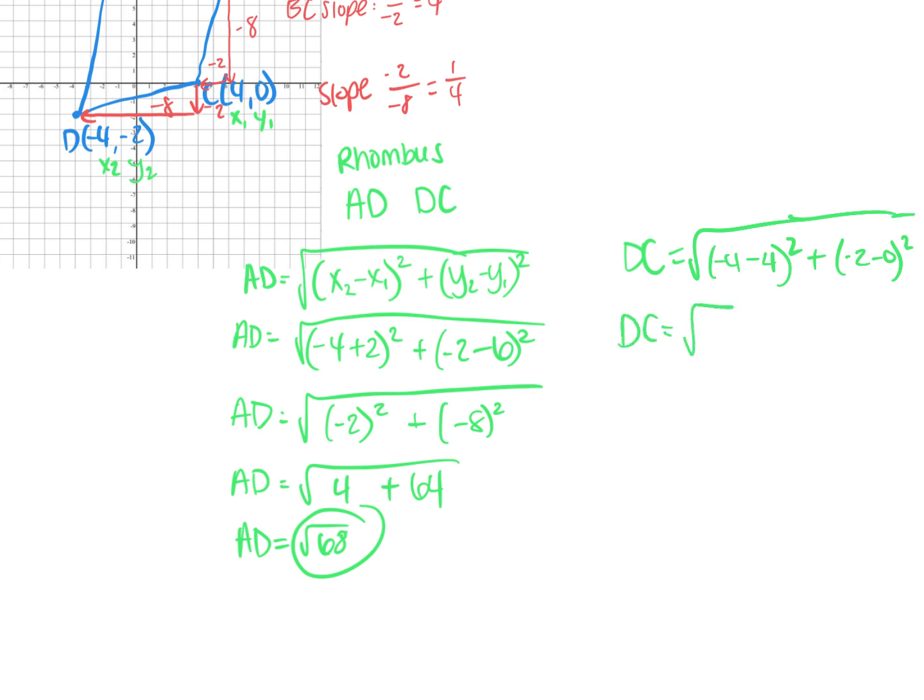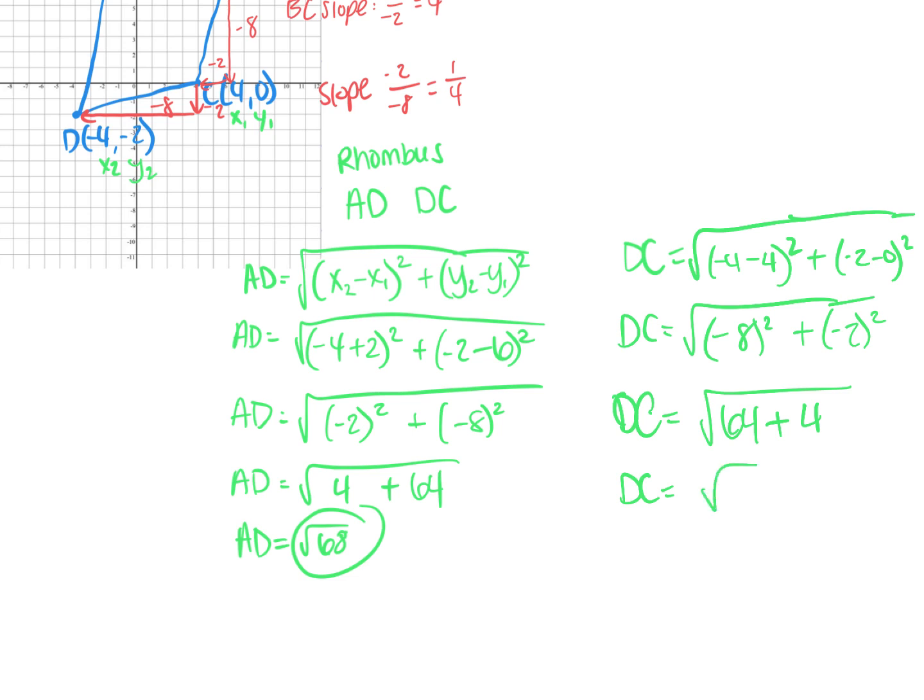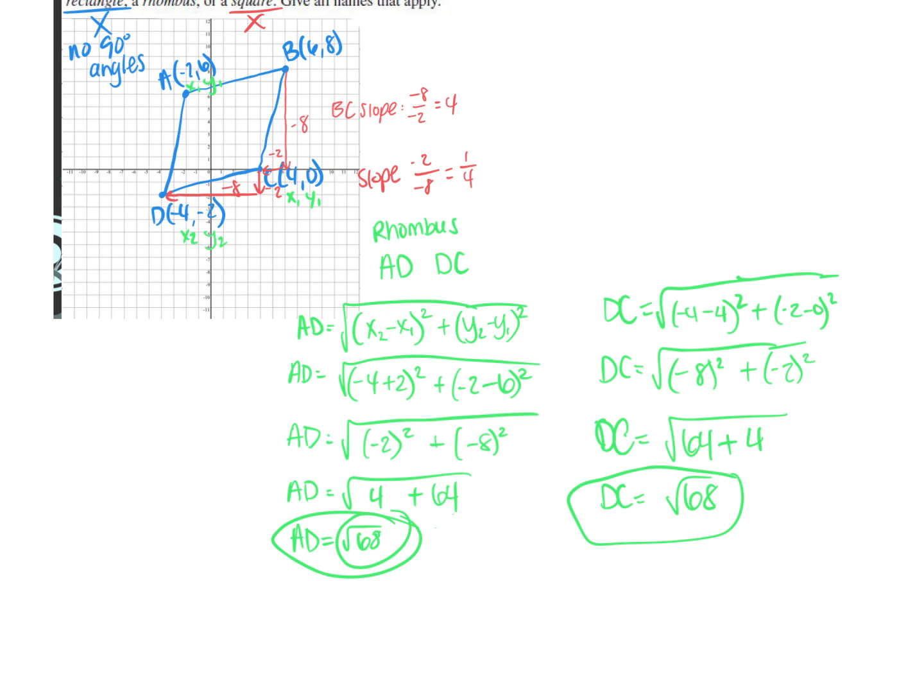DC is going to give me the square root of negative 8 squared plus negative 2 squared. DC is going to be equal to the square root of 64 plus 4. DC is going to be equal to the square root of 68. Do they match? Yes. That means that all of the sides of this figure are congruent. Do you guys agree? Because if the two that are next to each other are congruent, and it's also a parallelogram, all opposite sides must be congruent. Therefore, it's what shape? Rhombus.